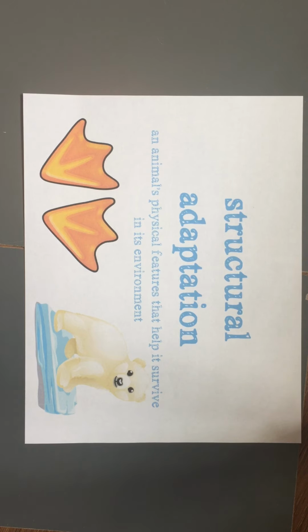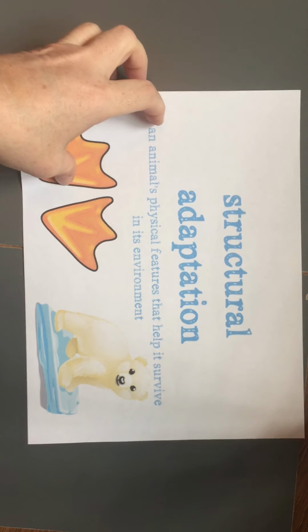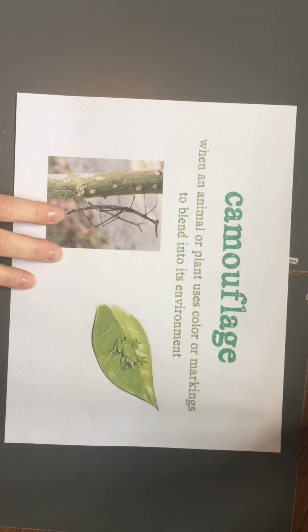The fur is like a coat, helps keep the warm air close to its body and helps keep it warm. But there's something else a polar bear has. Do you know what it is? It's called blubber. And a lot of whales have this too, and other animals that live in the Arctic. And if you don't know what blubber is, we're going to do a science lab experiment on that later. And we'll talk about that then.